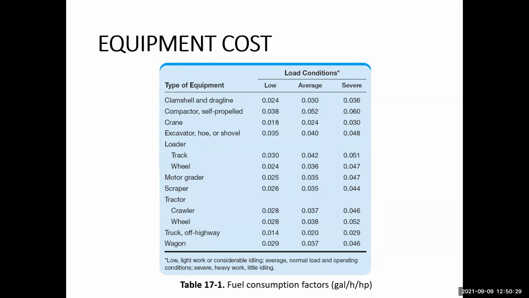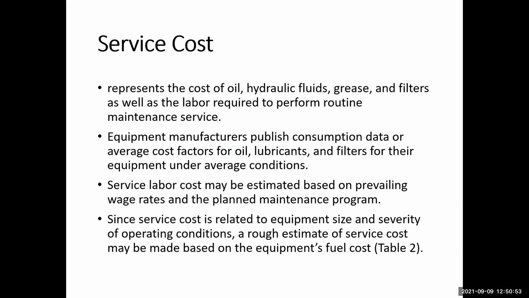So it will be 4.6 gallons per hour for a 100 horsepower machine. In this way, the fuel consumption can be calculated, and then the fuel consumption can be multiplied by the price of the fuel. Then we can calculate the cost of the fuel per hour. Okay, so this was the fuel cost.